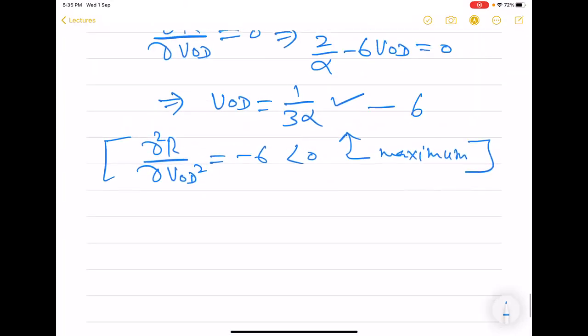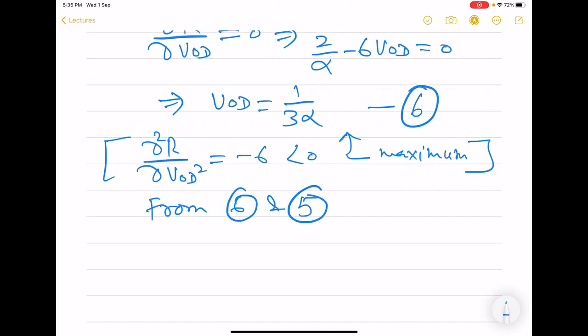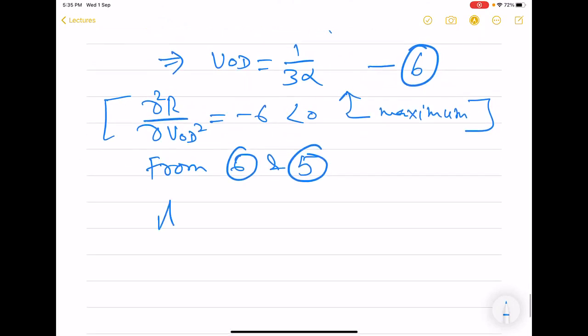So we have equation 6 giving rise to the maximum value. So from this 6 and 5, we get AIIP3 max value as 2 by 3 alpha.